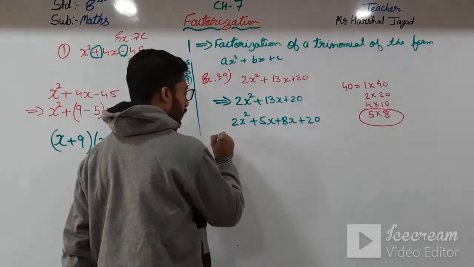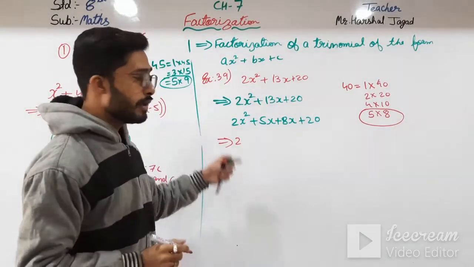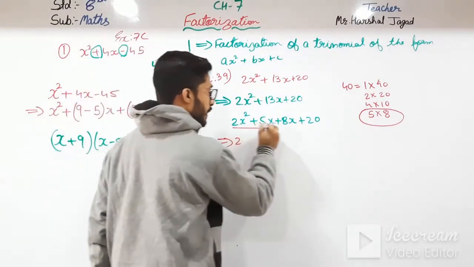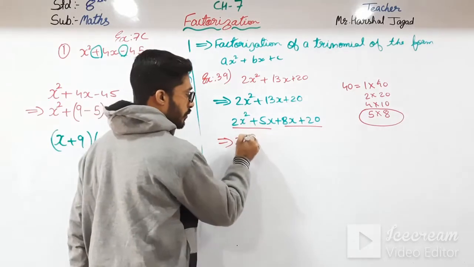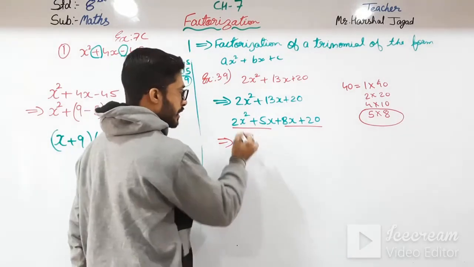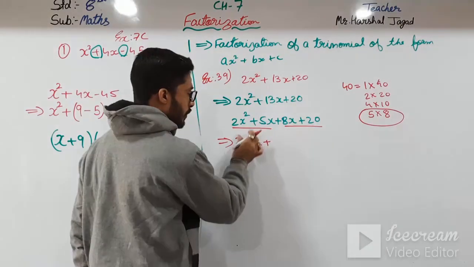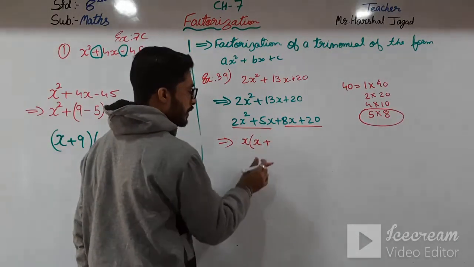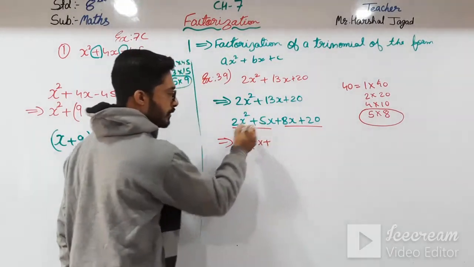Now moving forward, we will do this according to groups, we will build two groups. Here you can see what is common, x only.